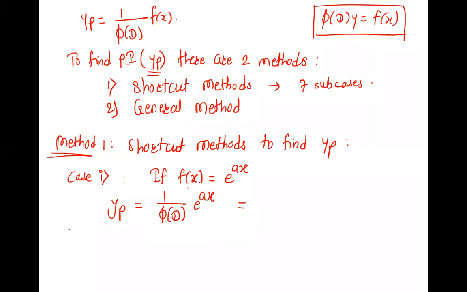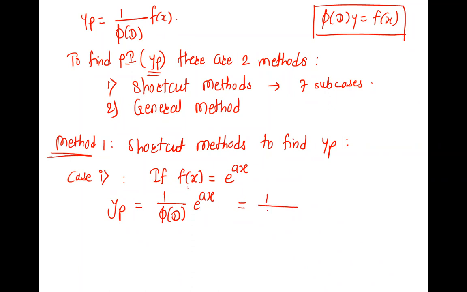Now pay attention. What we do here is, whatever is the power of e, the constant that is with x, what is that number? A. Very good. That A we have to substitute in place of d everywhere in this phi d in the denominator.